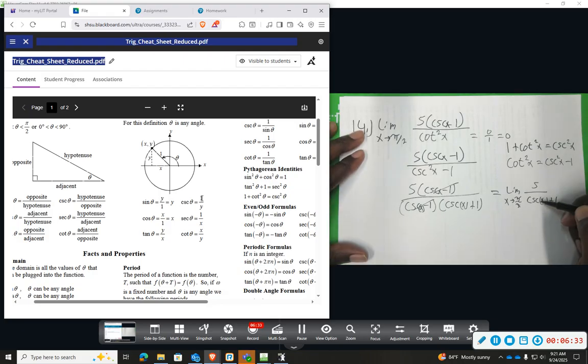So when I plug in pi over 2 here, I get 5 on the top, and on the bottom 1 divided by 1 plus 1, so it's just 1 plus 1. This gives me 5 divided by 2. So our limit is 5 divided by 2.